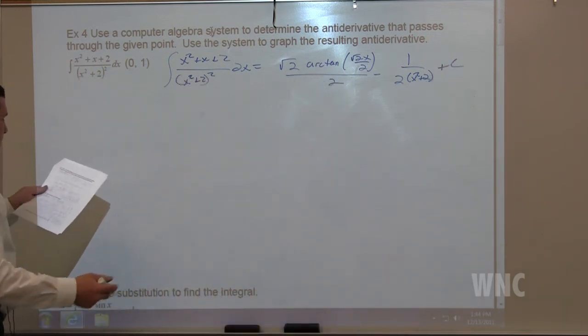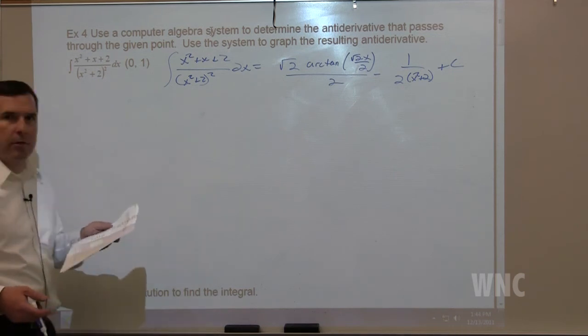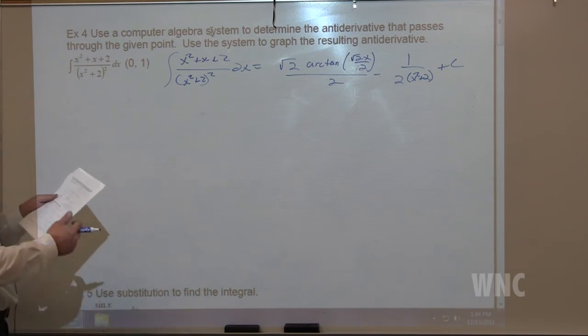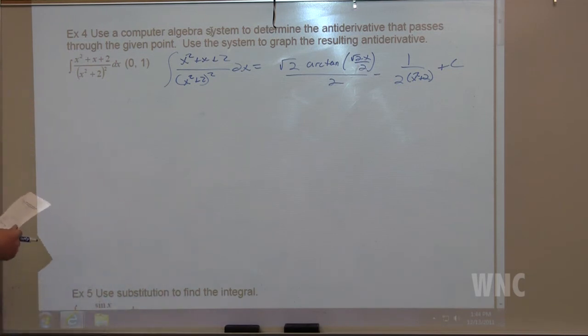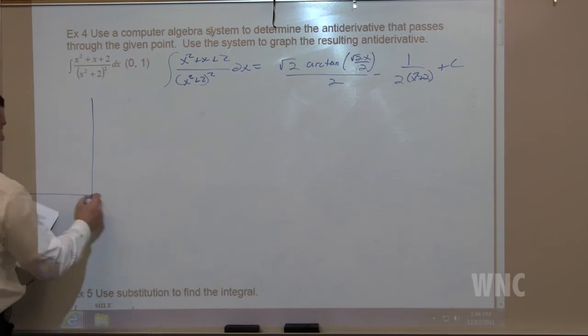Hopefully at this point you can put this in the calculator. If you have a question, please let me know. I did this in TI-89. So the graph of that looks like this.